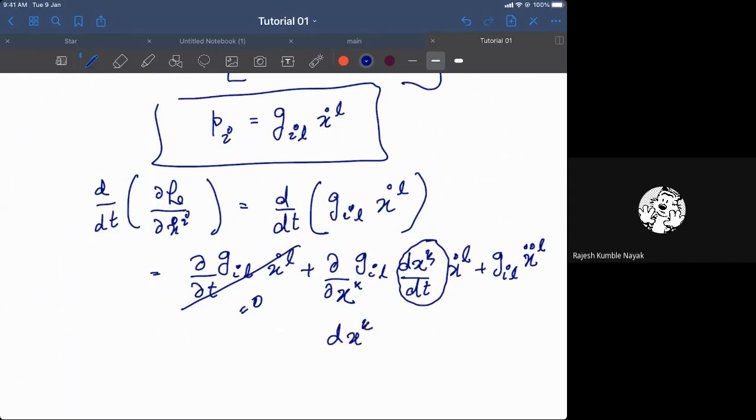Yes. It is a generalized velocity, the differentiation of a coordinate with respect to time. Yes, sir, but how did it turn into x dot j?